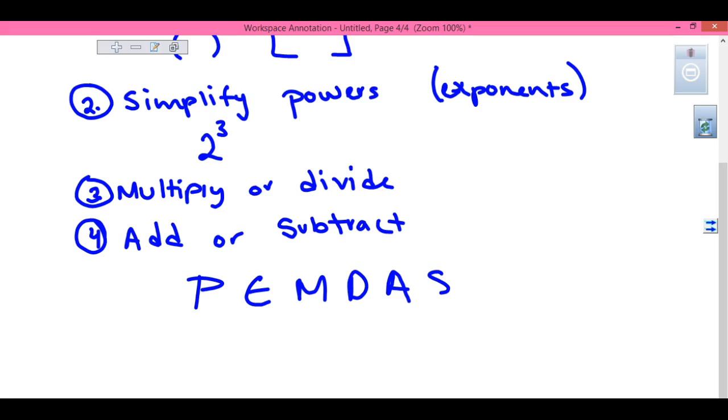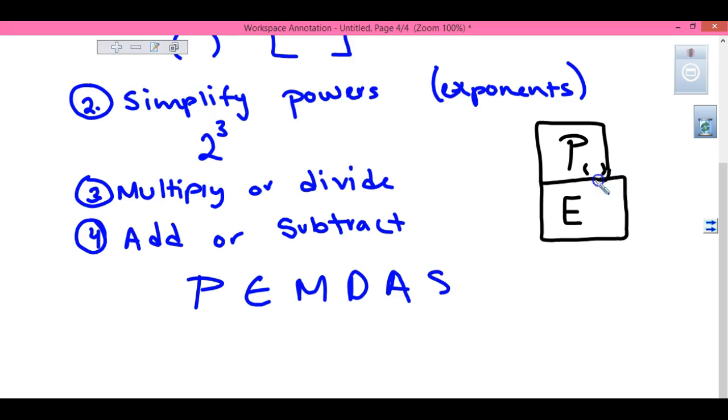Another way to remember this is using the order of operations hopscotch. What does that mean? So if we have parentheses, exponents, multiplication or division.